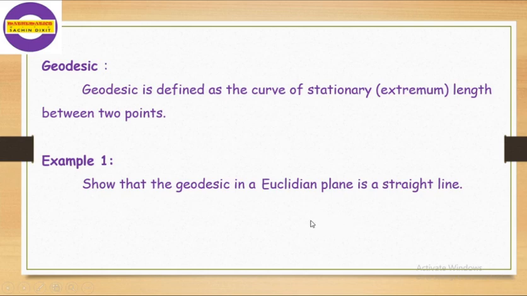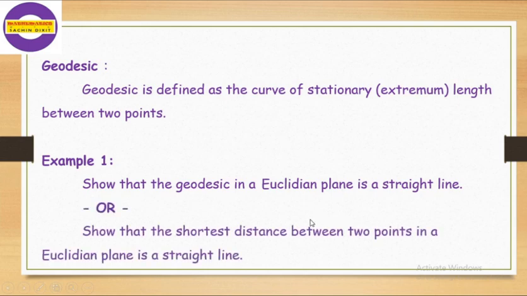Hence this question can also be stated as: show that the shortest distance between 2 points in a Euclidean plane is a straight line. Now we have to prove this: the shortest distance between 2 points in Euclidean plane is a straight line.